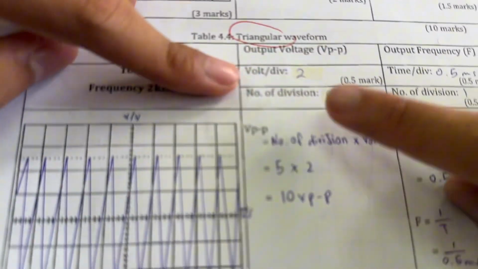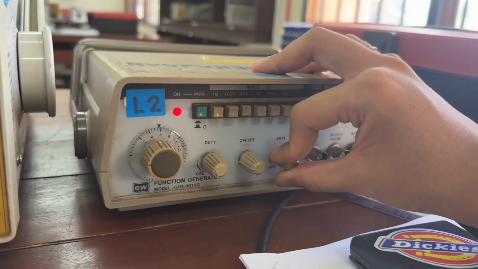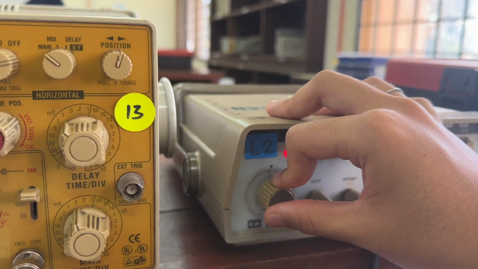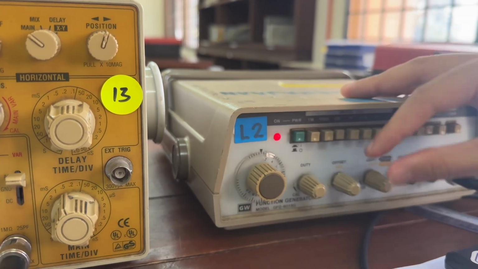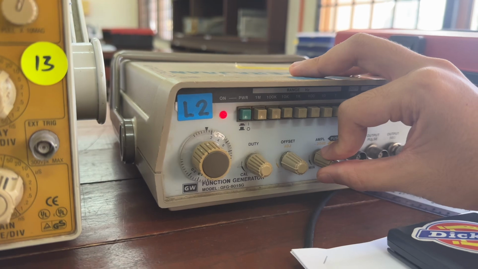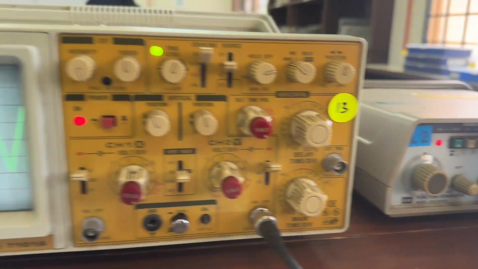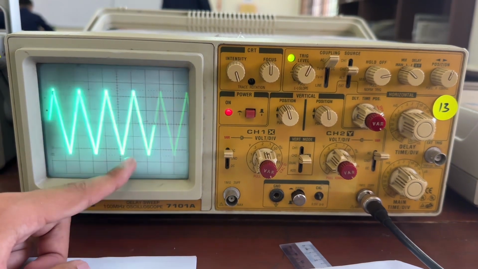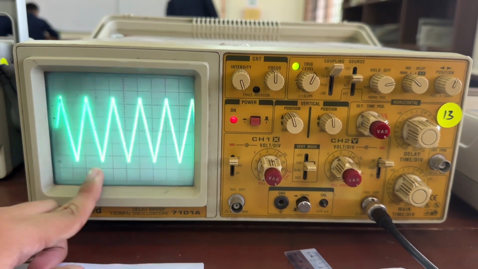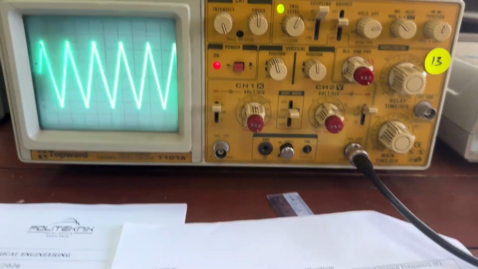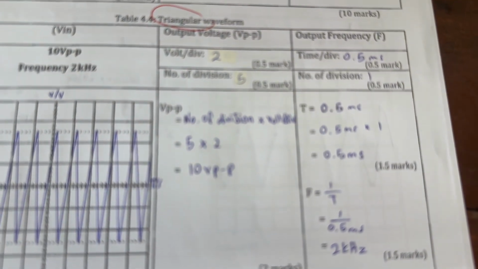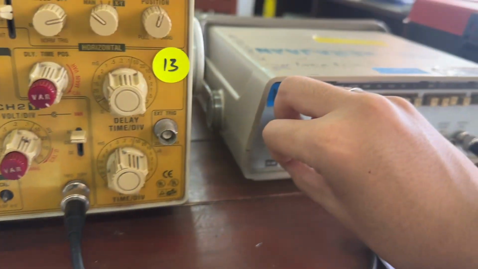Okay, now let's see, the number of division is 5, and we have to adjust the amplitude and knob correctly. Okay, change the amplitude again. So now let's move to the oscilloscope and let's see the triangular waveform, and the number of division is 1 and time division is 0.5.